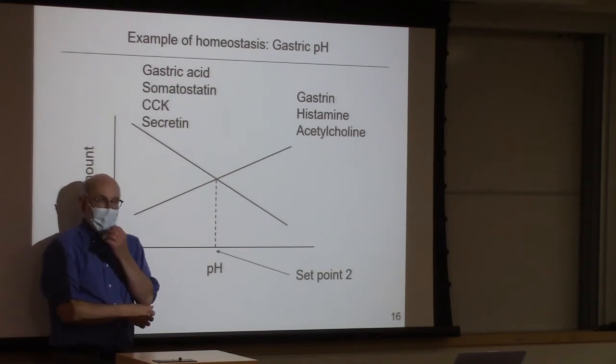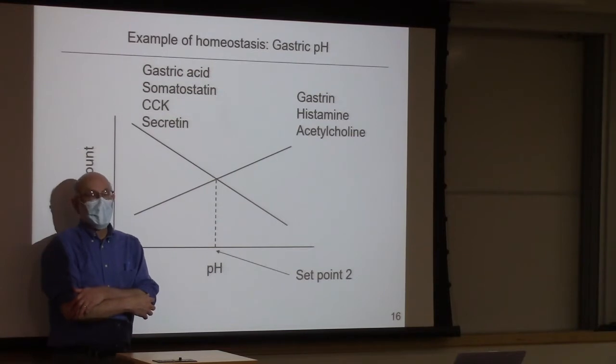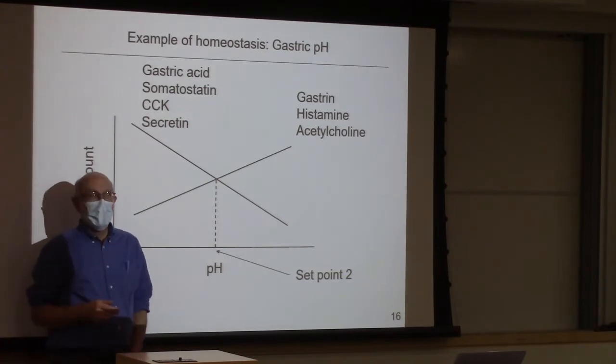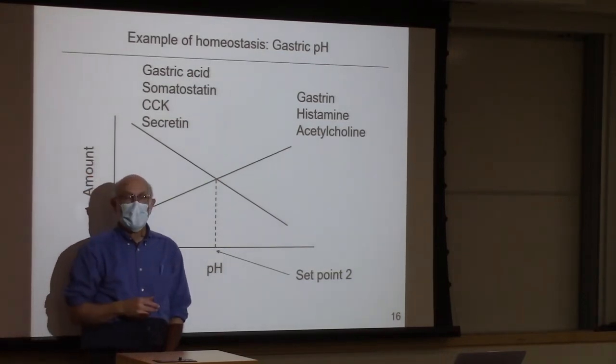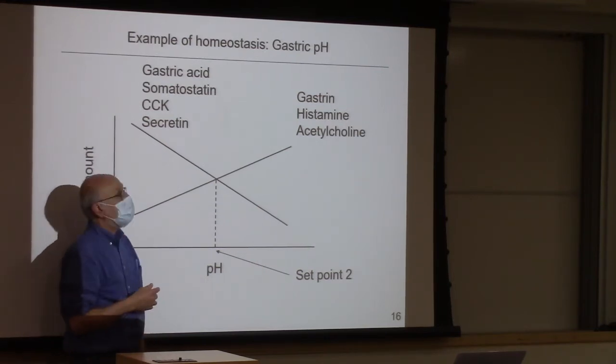What did they detect to cause the secretion of CCK and secretin? They detected acid, fatty acids, and amino acids coming from the stomach into the duodenum. CCK and secretin were secreted.